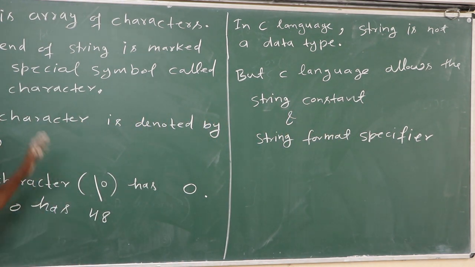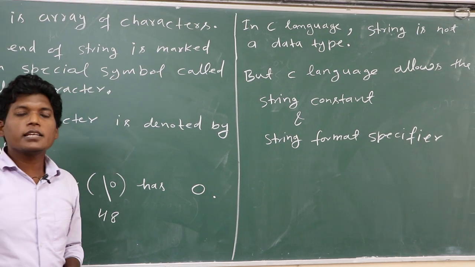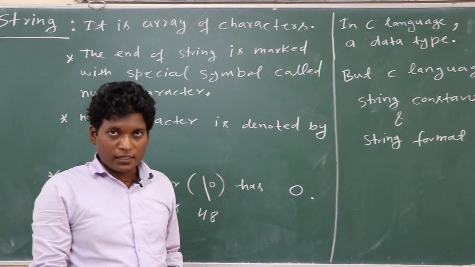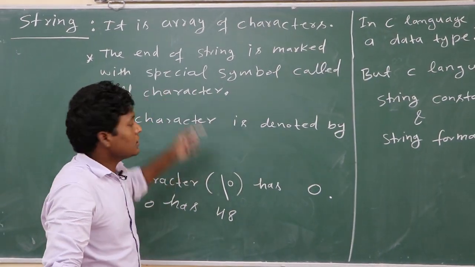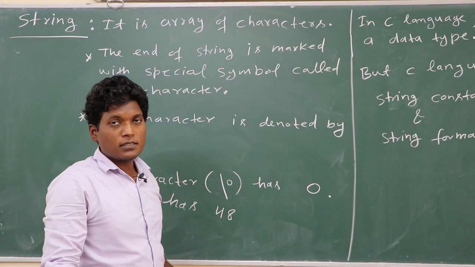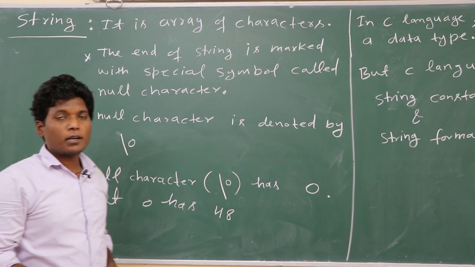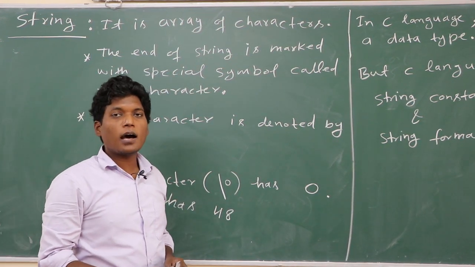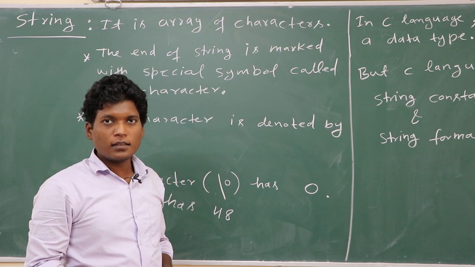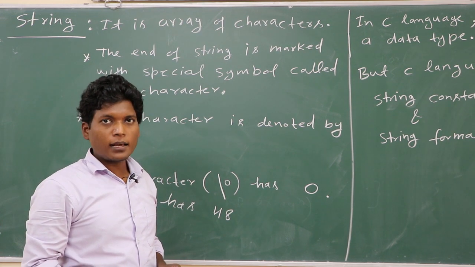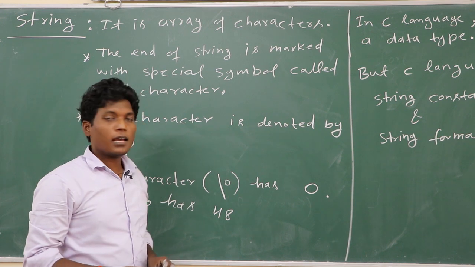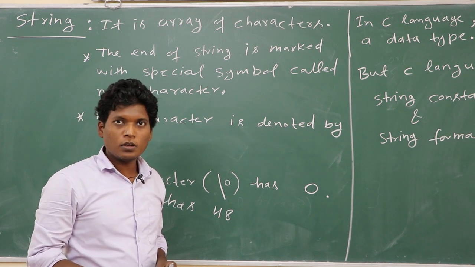Class, there are some points here. String is an array of characters. The end of string is marked with a special character that is called the null character. Null character has ASCII value 0.